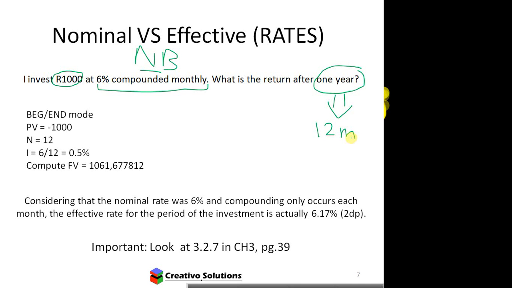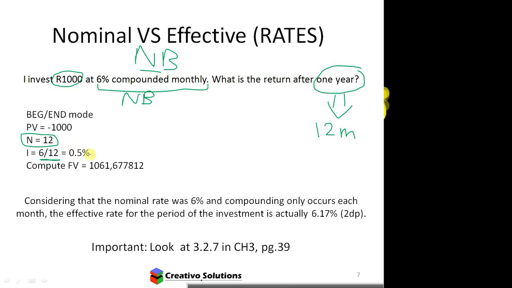In terms of substituting that into the calculator, how many periods did I say we had? 12. What is the rate? That's important because this is a quoted rate. Someone's quoting 6% compounded monthly. Can I use 6%? No, because that's not the monthly rate. If it's monthly, how many months in a year? 12. So what is 6 divided by 12?